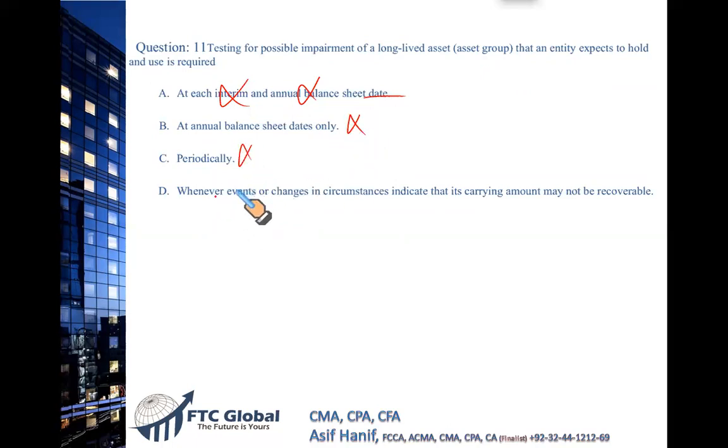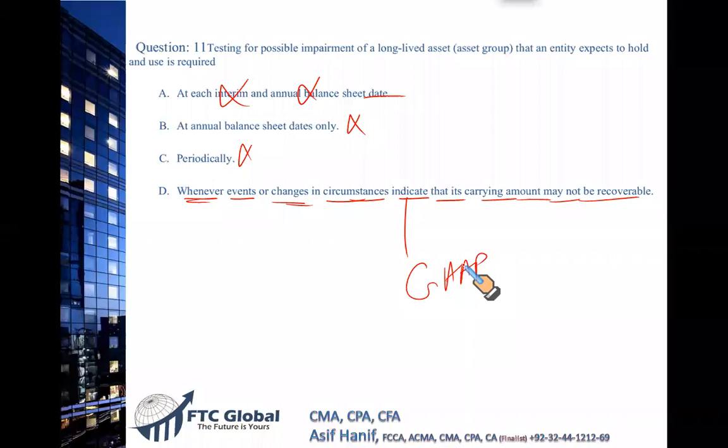It must be done whenever, Zahid, whenever events or changes in circumstances indicate that its carrying amount may not be recoverable. That is specifically for the US GAAP, whereas IFRS will ask you to do it at least annually. So that makes D our right option as per the text we have just discussed.